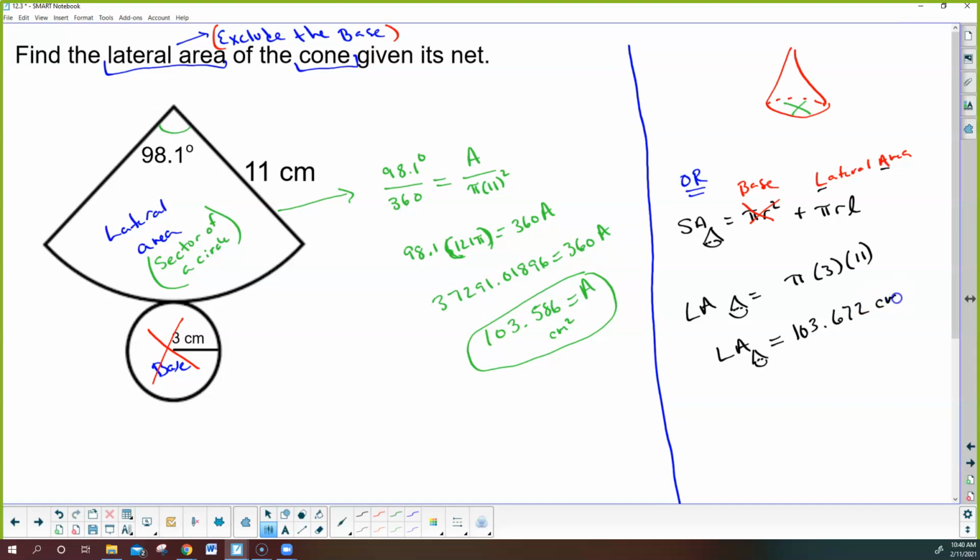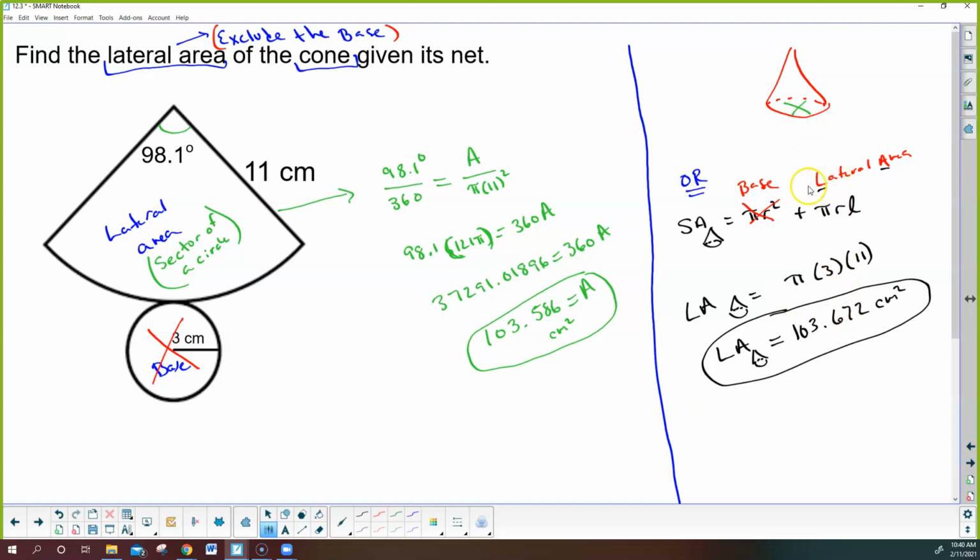So notice the answers aren't exactly the same. Okay? And the reason why is this 98.1 is not an exact angle. It's the closest we could get. If we wanted to be more accurate, we would have to find it to more decimals, but it's very, very close.